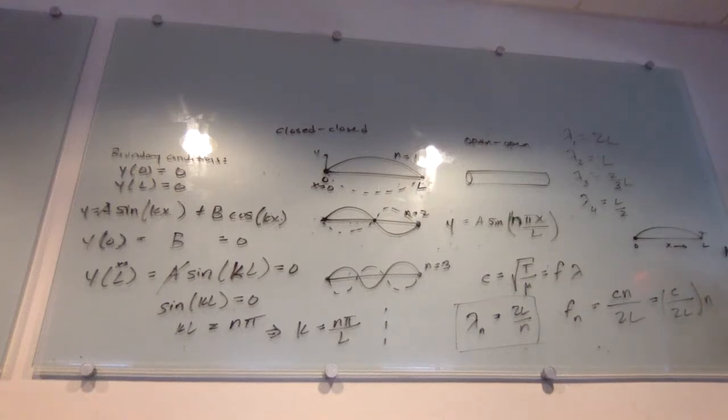You can only have values of 1, 2, 3, 4, 5. And this is actually the most important part for music, because this is a constant for a given wave. If you fix the T, you fix the mu, and you fix the length, then there's what's called the fundamental frequency, which is just this value because n is 1. The fundamental frequency, and then every other frequency that can be produced by the same string is just a multiple of that fundamental frequency.